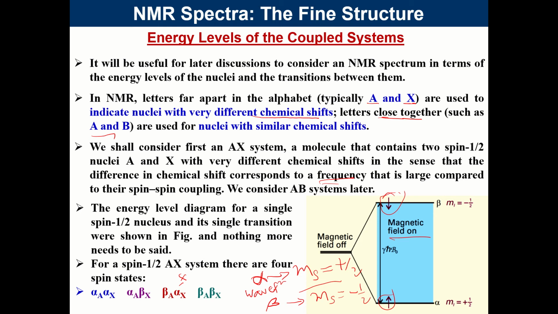So alpha A is plus half, and X is minus half spin, the quantum number. So this is how four possibilities are there. Four spin states are possible.